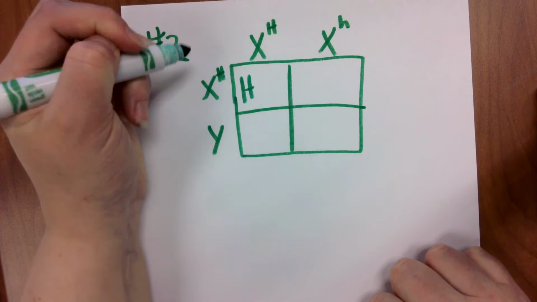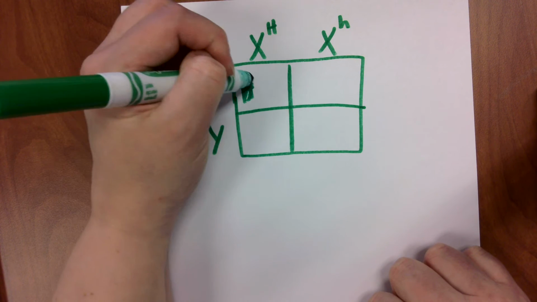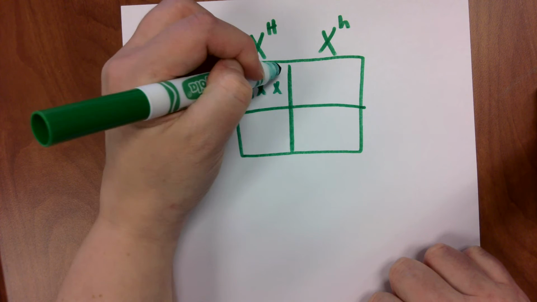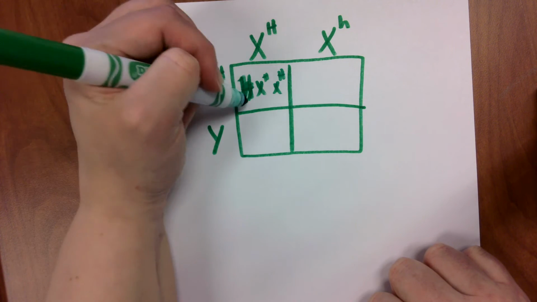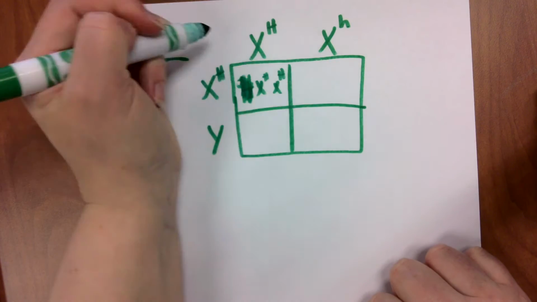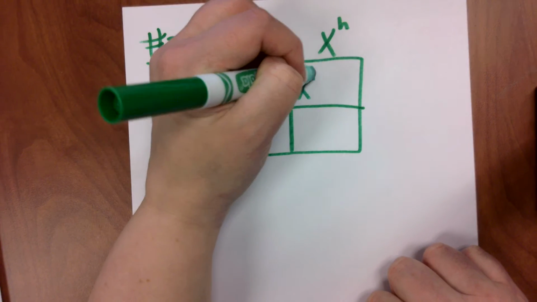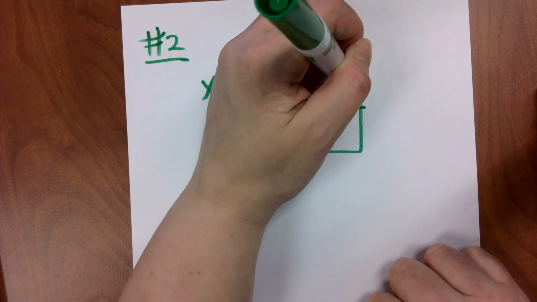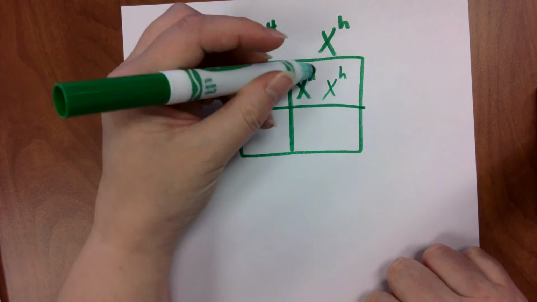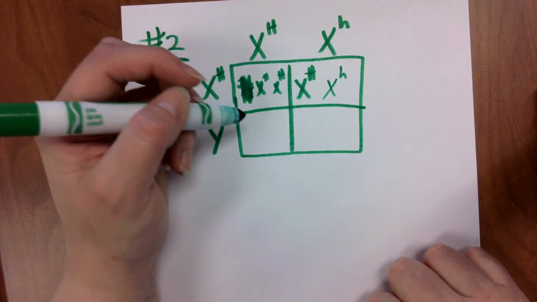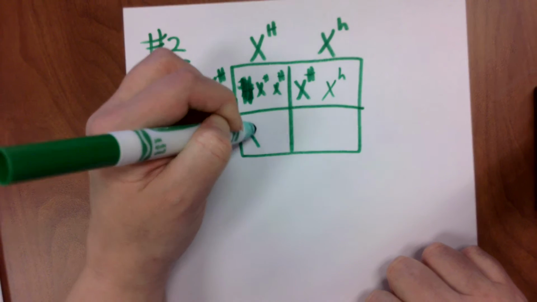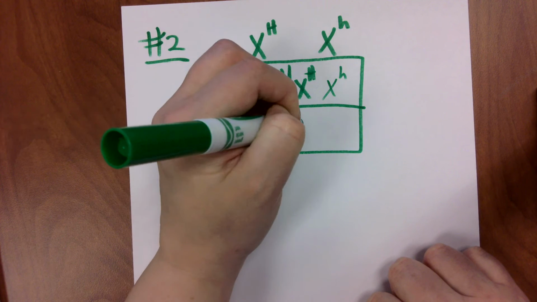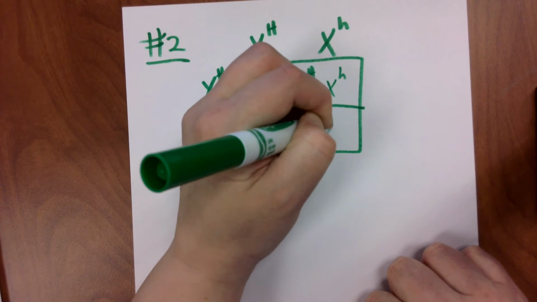So we have X big H and X big H. In that one, we have X big H here, and then X little h. Remember to keep your dominants first and your recessives after. This one is X big H, Y, and X little h, Y.